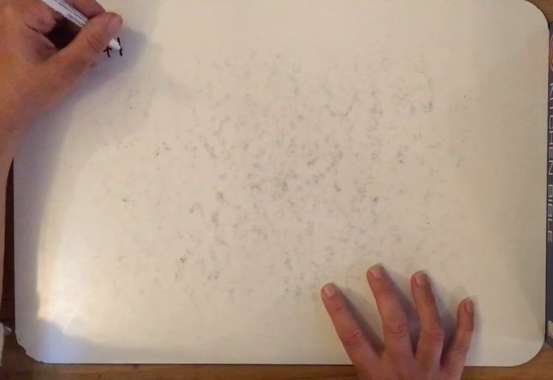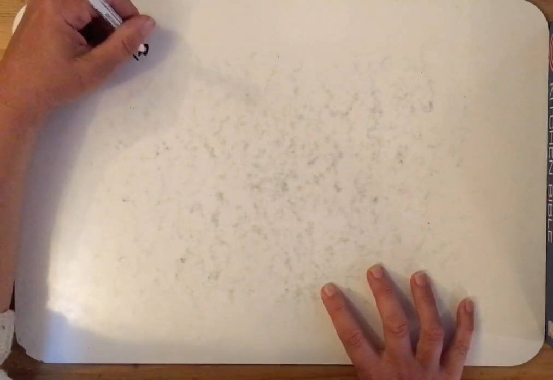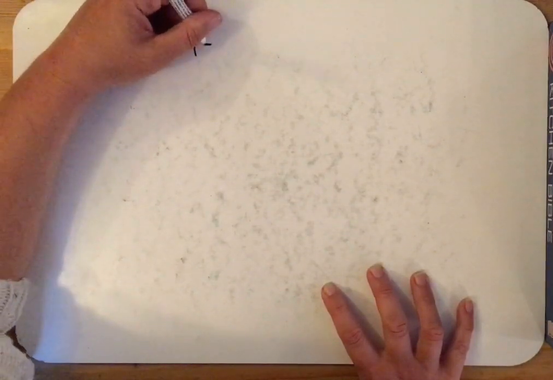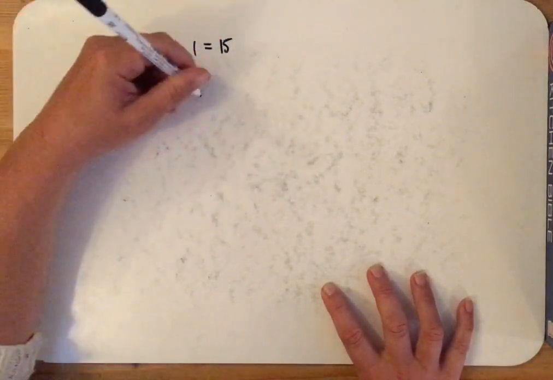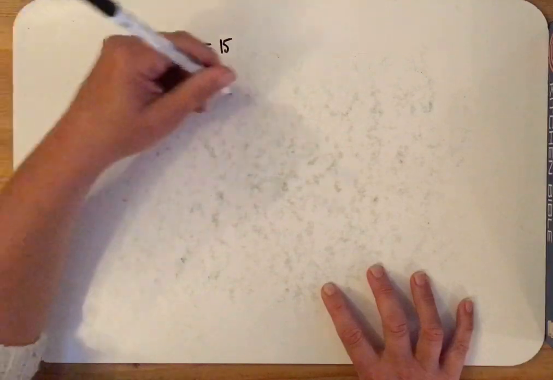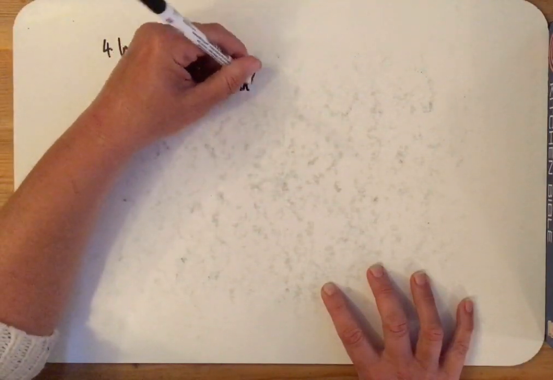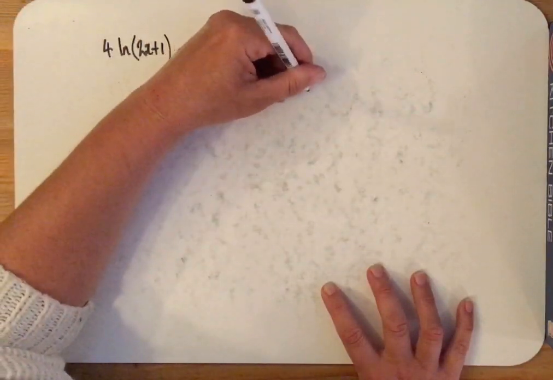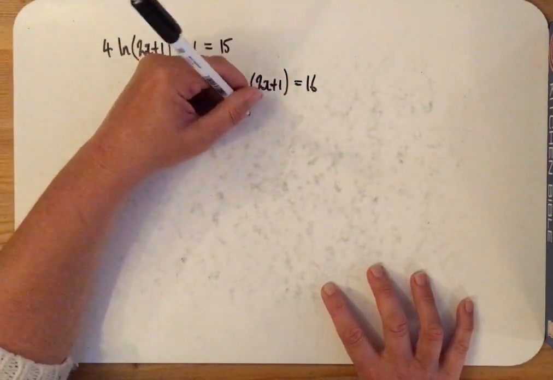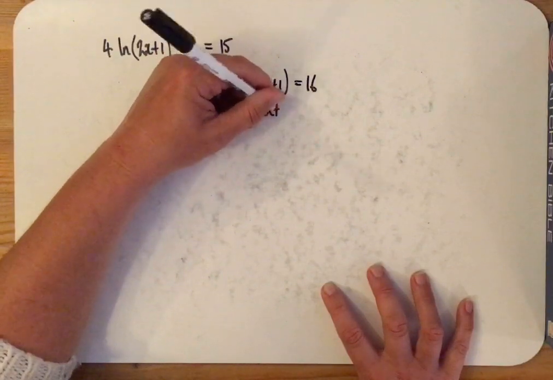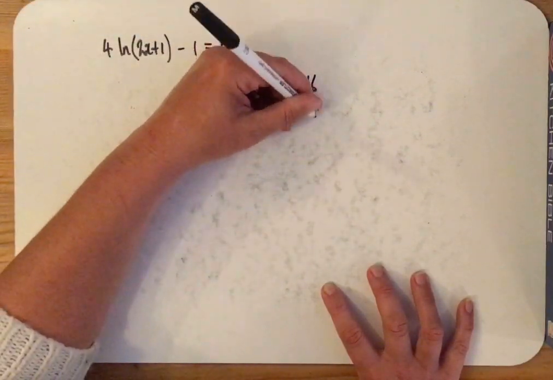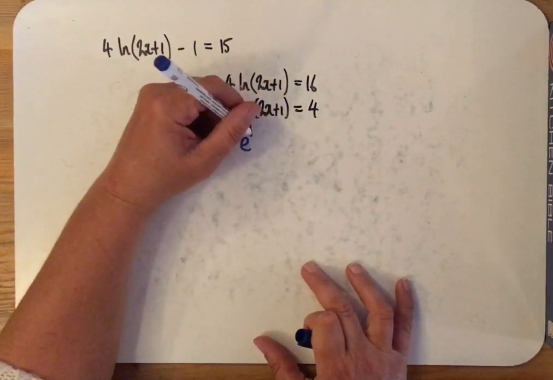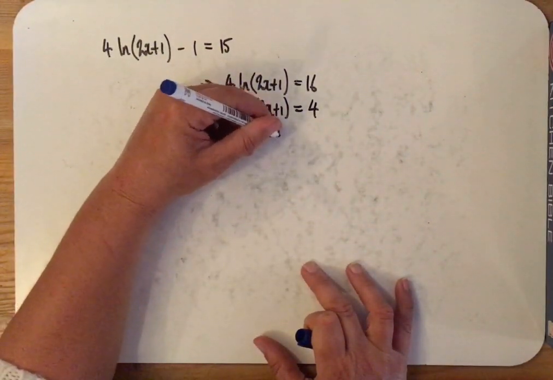So 4 ln 2x plus 1 minus 1 is 15. So I need to sort these numbers out first. So 4 ln 2x plus 1 equals 16. Divide by 4. So I've got ln by itself. And then I can undo this ln by doing e to the power of both sides of the equation.